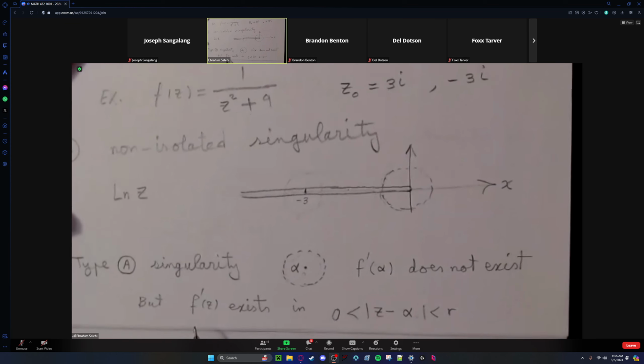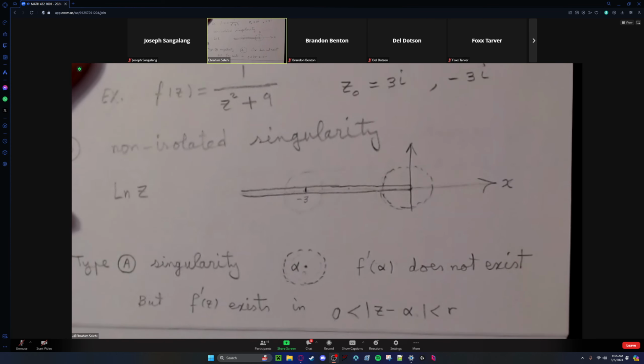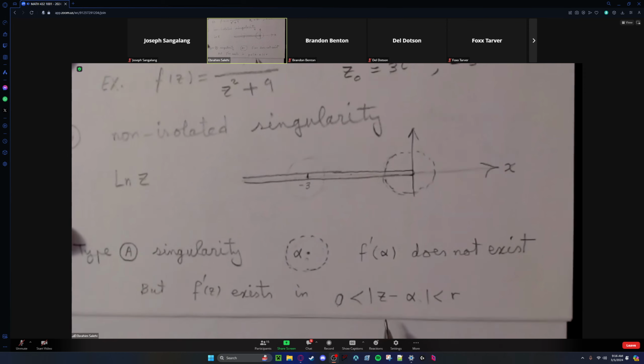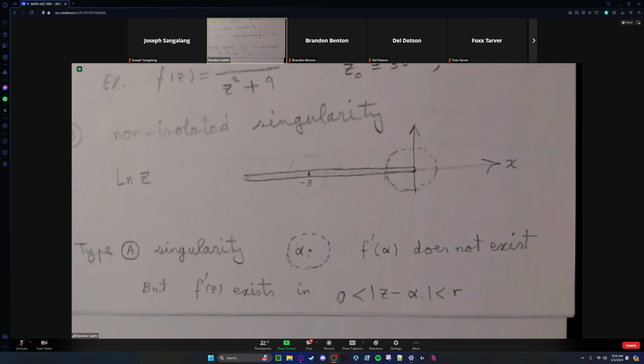What is the definition of an isolated singularity? Here is the definition. It's a point where the derivative does not exist at that point, but there is a disk centered at that point where the derivative exists at all other points of that disk, which means right here. All right, so these types of points we want to classify.